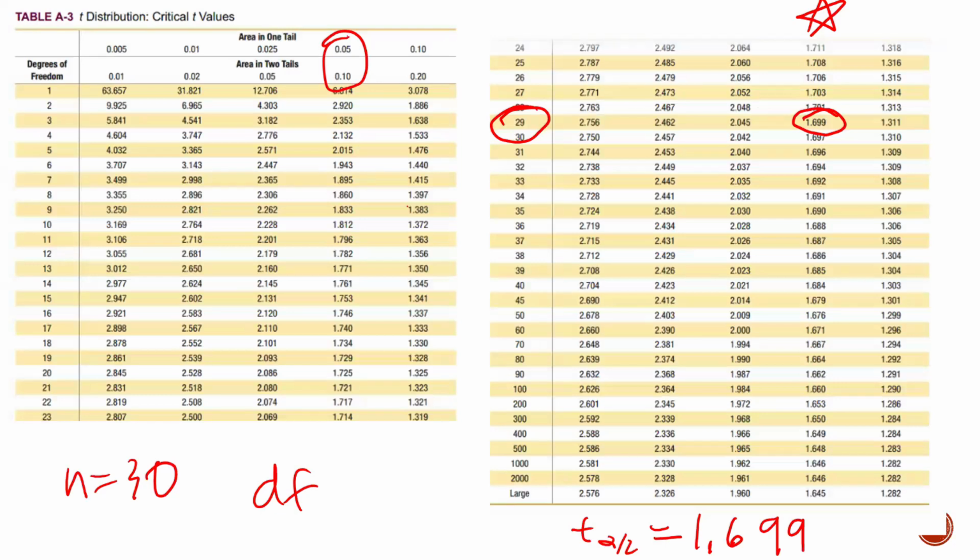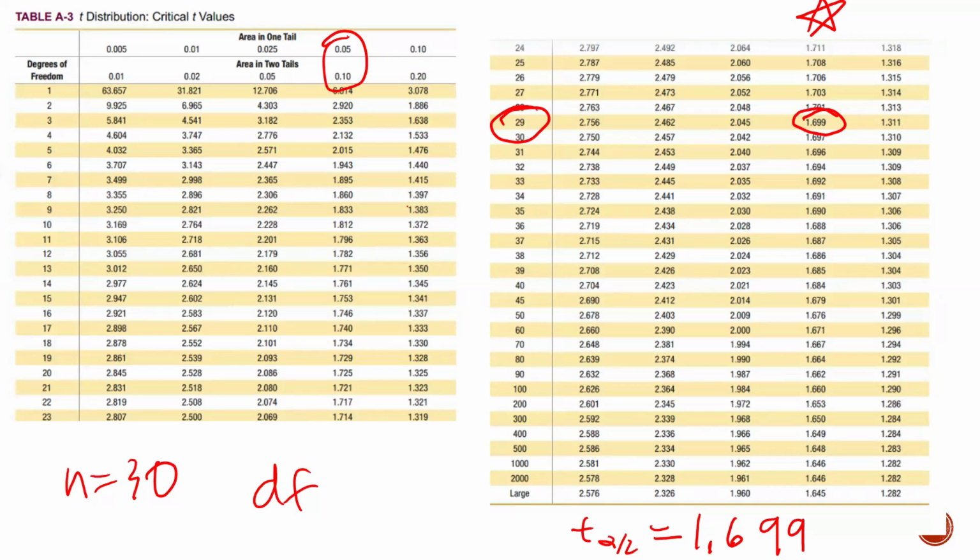So looking in each column, what do you notice as the number of degrees of freedom increases? What happens to the critical values? There's a trend. Absolutely. Because it becomes more and more normal the larger n gets.